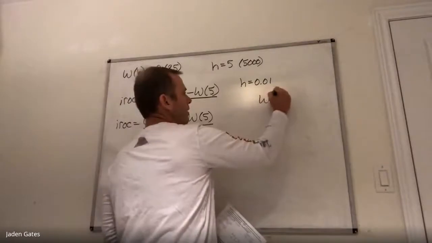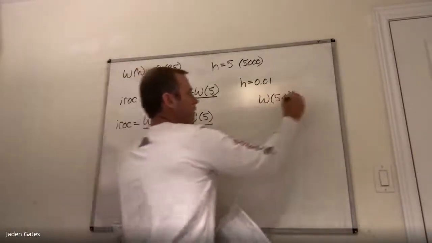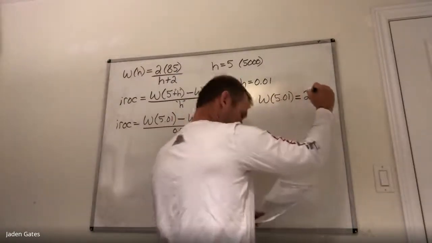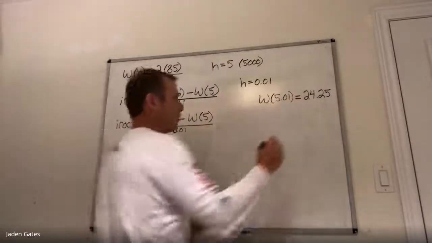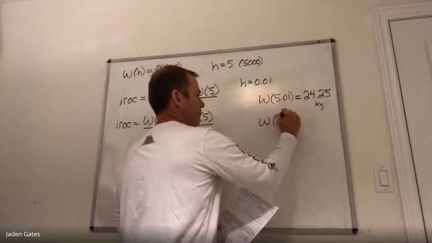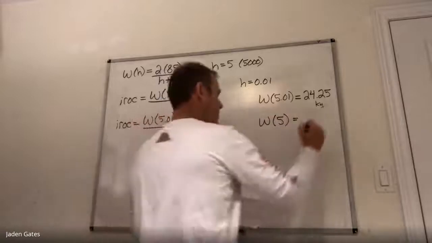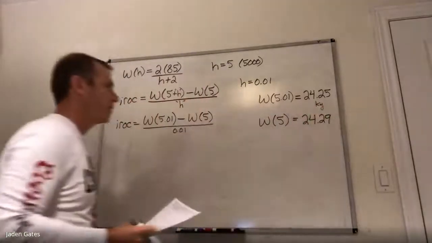I did plug in 5.01 into my weight function, and I got this person would weigh 24.25. And what are the units there? Kilograms. All right. And then my weight at 5, when I plug that in, I got 24.29. All right.